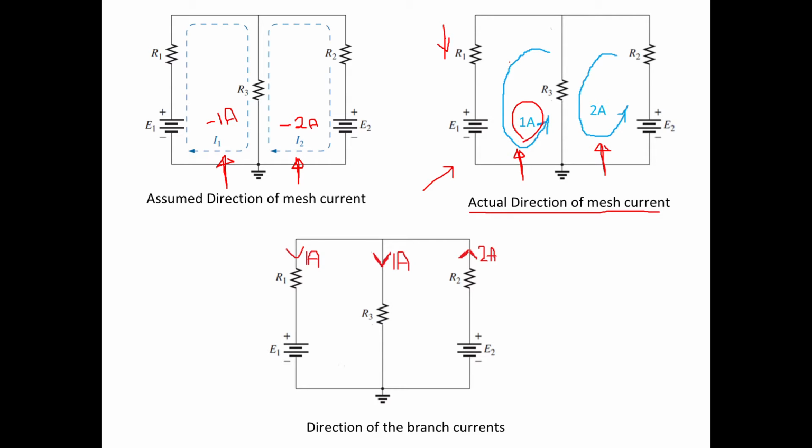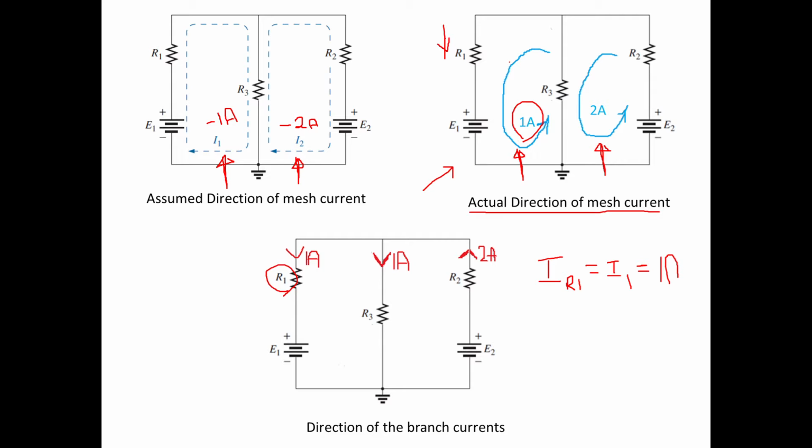I1 is 1 ampere. So we can write the current flowing in resistance R1 is equal to I1. I1 is equal to 1 ampere and this is the direction. The direction is also marked by a red color arrow in the figure. So this is 1 ampere.